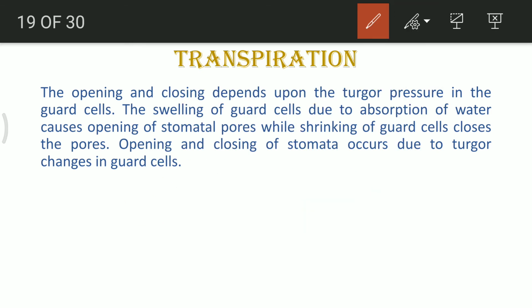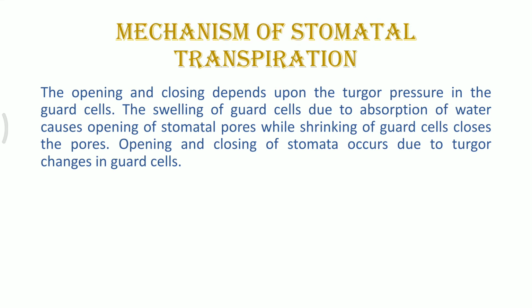This opening of the stomatal pore occurs because of the absorption of water from the nearby cells by the process of osmosis. Now, when the guard cells have become turgid, that results in the opening of the stomatal pore, and thus transpiration occurs, that is, loss of water occurs through the stomatal pore.